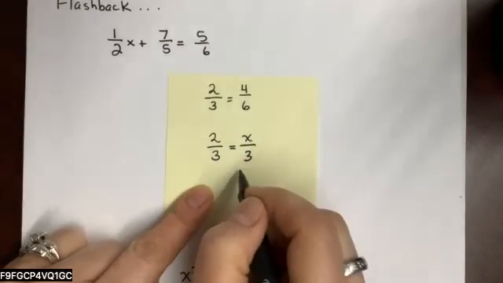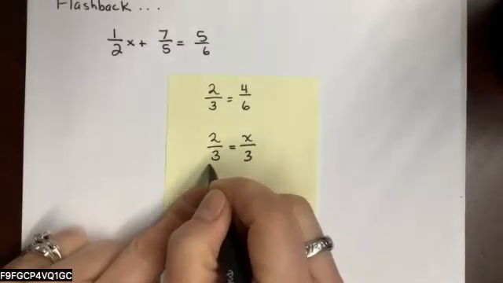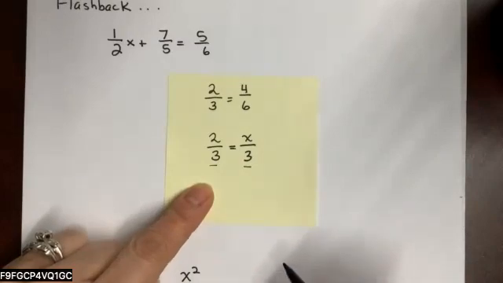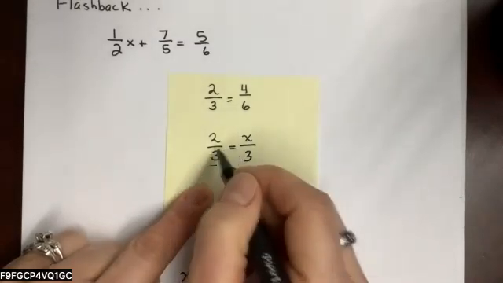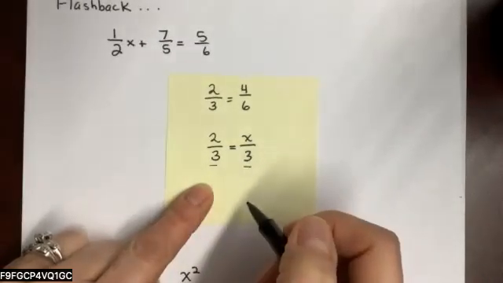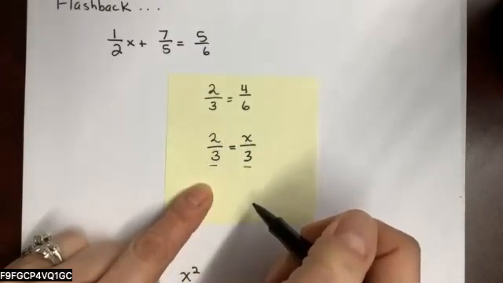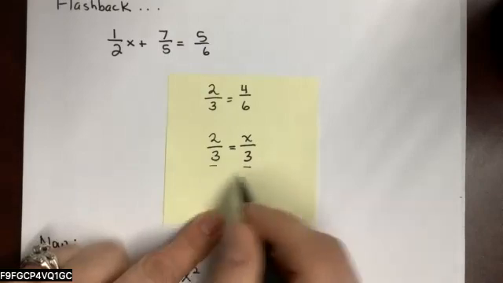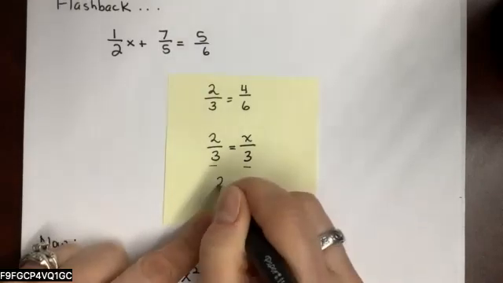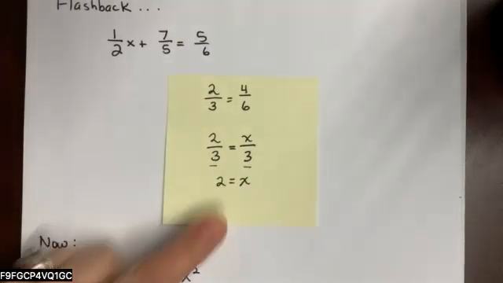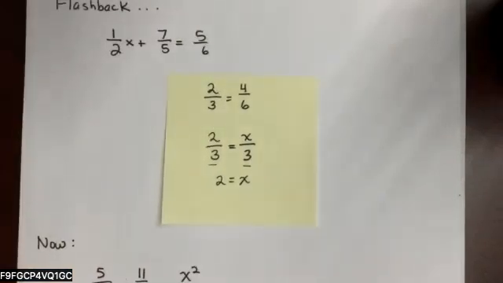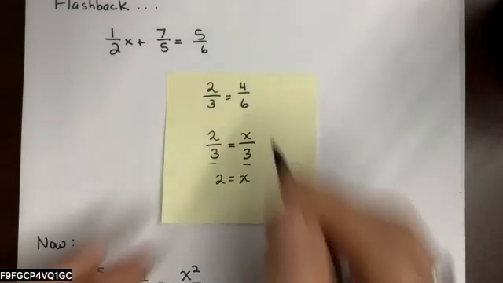So that means I can break it down. If this denominator is the same on both sides, then the only way for true equality to happen is if these two numerators are the same. And that's why it's almost like we can say that the two denominators don't exist and that 2 has to equal x. It's the only way for equality to be achieved.